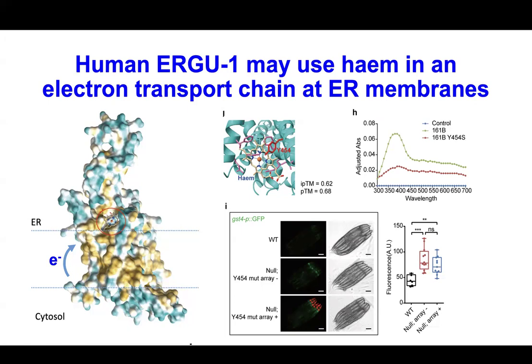So we did that kind of screen, frankly not a comprehensive screen since the pool of small molecule ligands is quite limited. But nonetheless, we were able to find that the human ERGO1 homolog 161B is predicted to bind to the heme molecule.